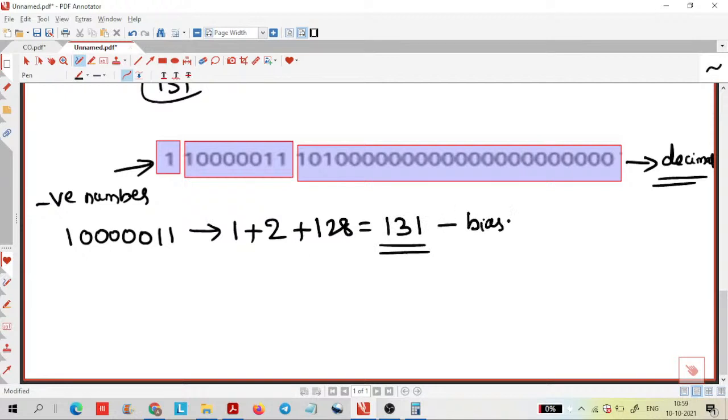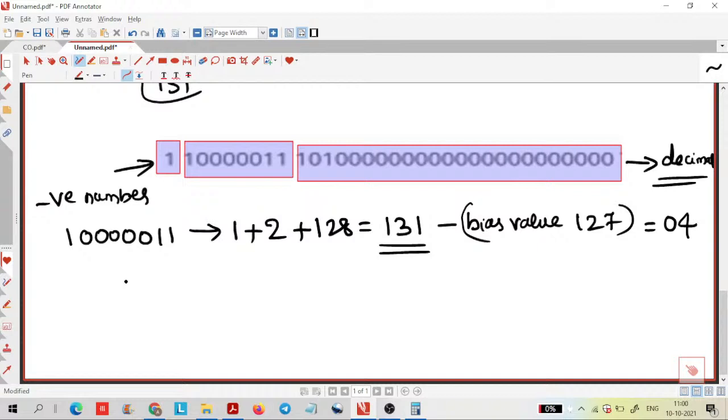What is the bias value for single precision? That is 127, and 1023 for double precision. So now how much value did we get? 4. Okay, that is the decimal value for this exponent. Now we got the value 4.